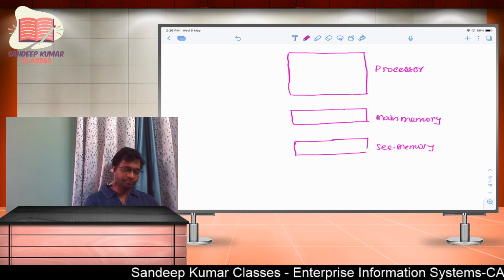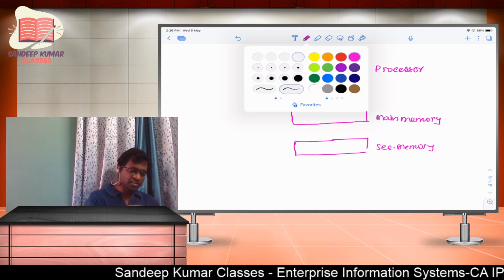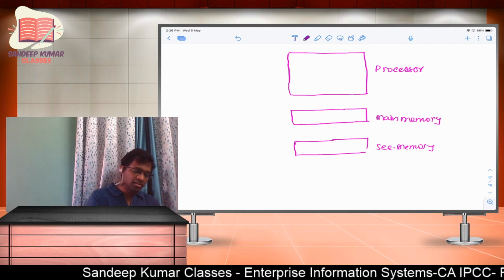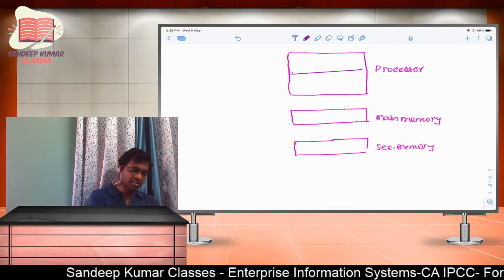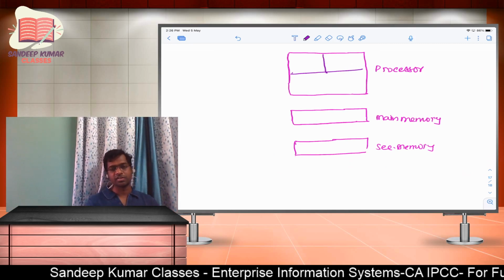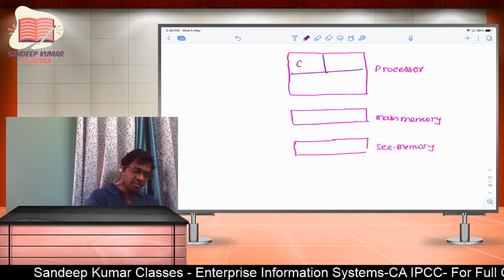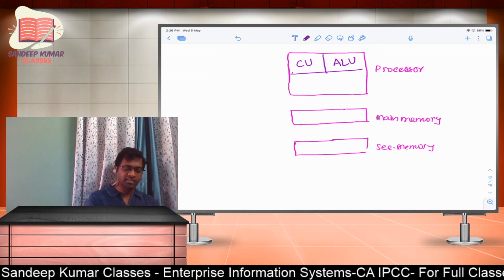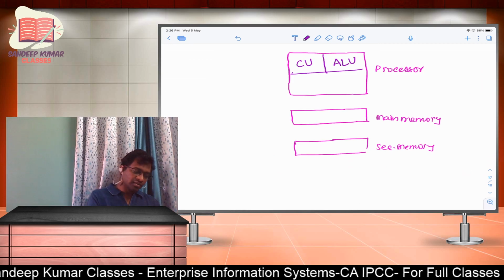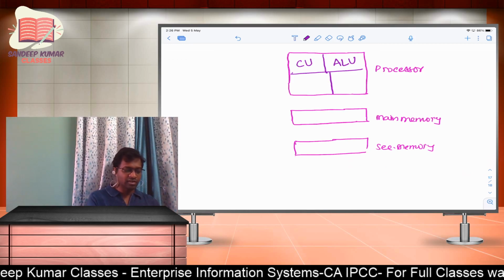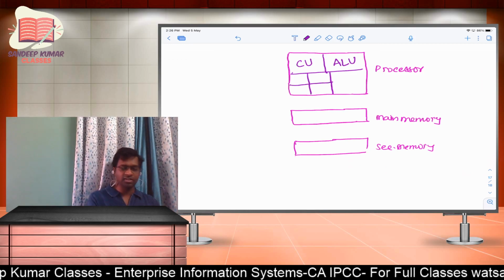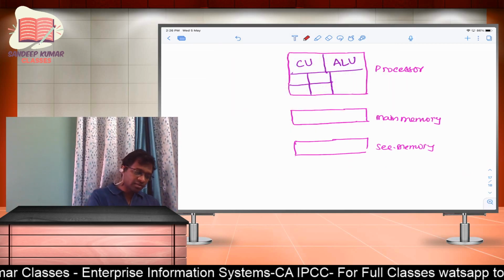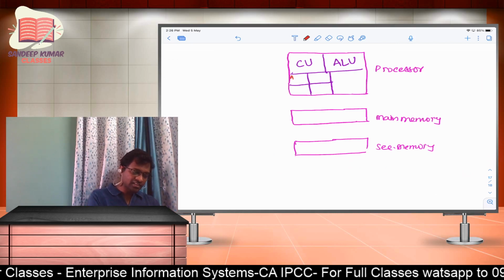Now, as I said, the processor has how many functional units? It consists of three functional units: first the control unit, second the arithmetical logical unit, and third the registers. These registers are also classified into four types. First is the accumulator, second is the data register.